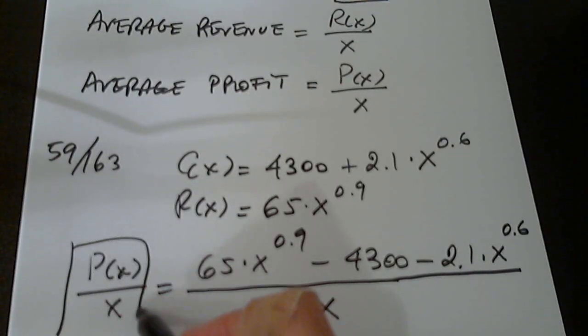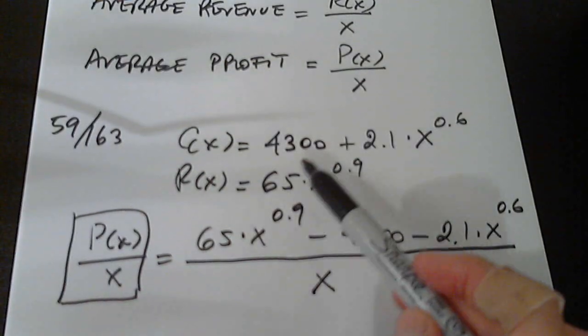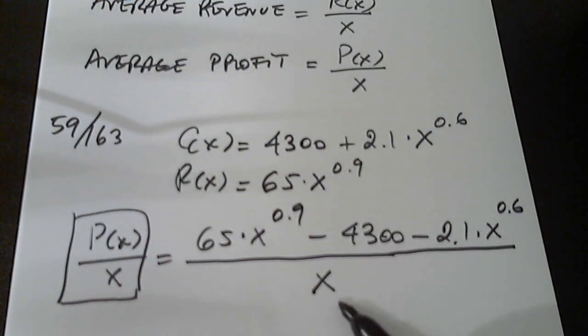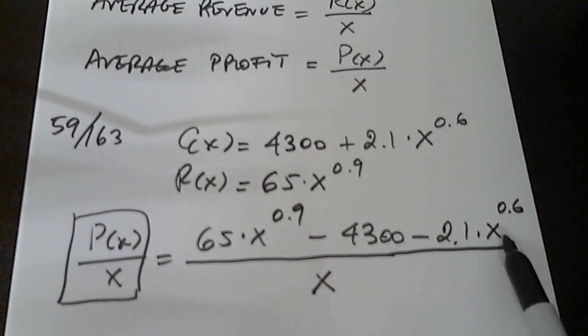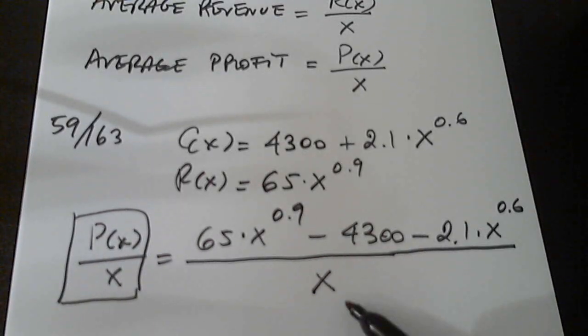This is the new function that we just talked about. Profit, revenue minus cost, divided by the number of units. The profit is only the top. The average profit is the profit divided by the number of units.